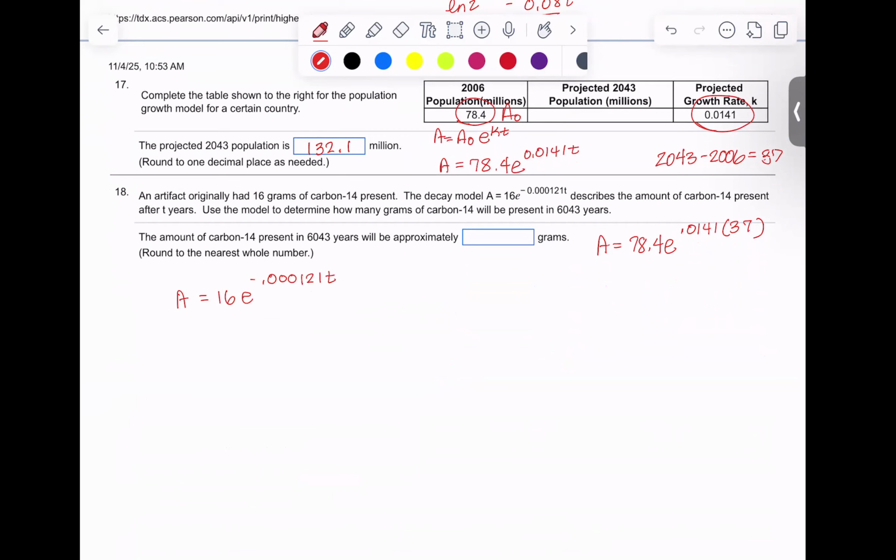And you'll notice that the problem above is exponential growth, and k is positive. In this case, k is negative, so this is decay, exponential decay. It describes the amount of carbon-14 present after t years. Use this model to determine how many grams of carbon-14 will be present in 6,043 years.